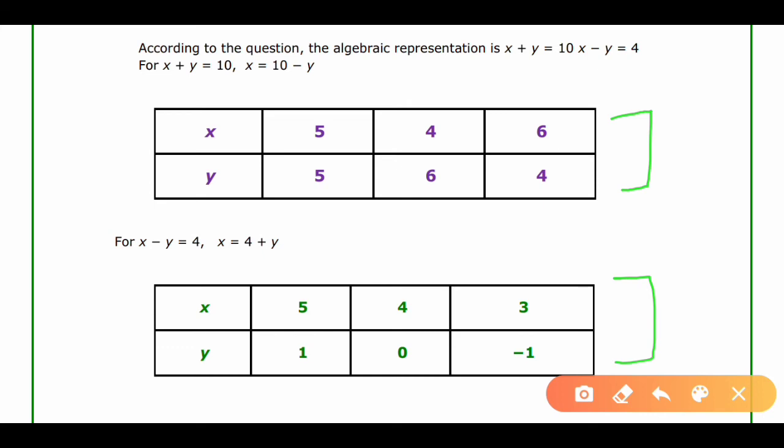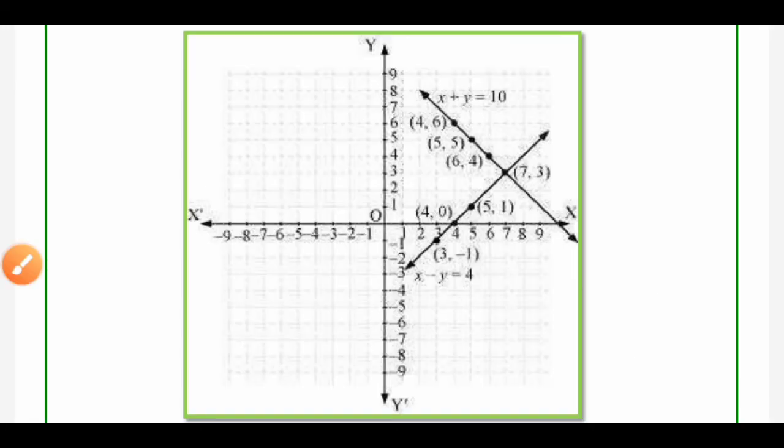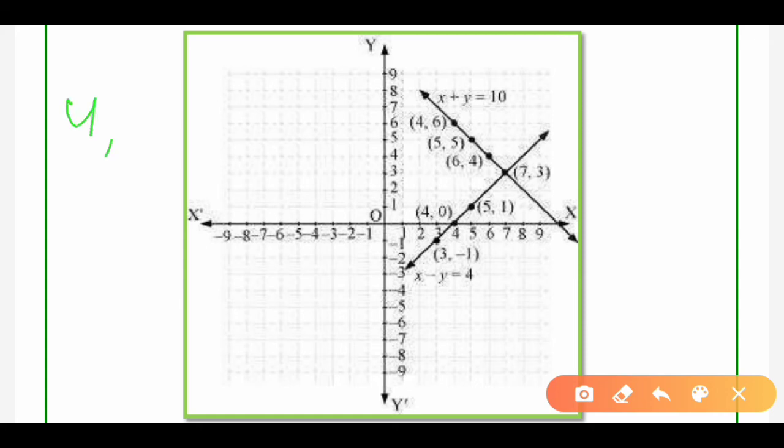Clear? Now we will represent these two tables, or these two equations, on a graph. So we have some points from equation number 1, which are (4, 6), (5, 5) and (6, 4).